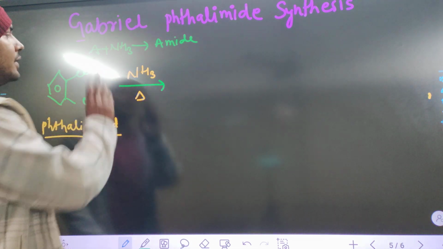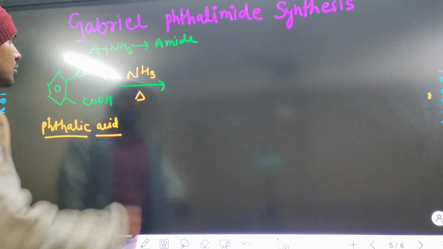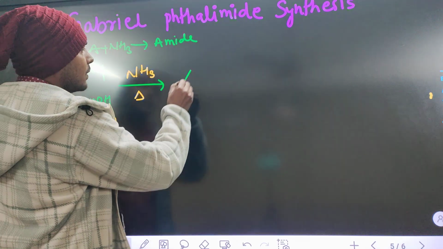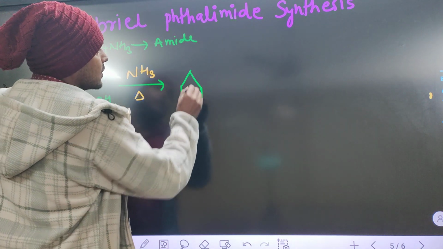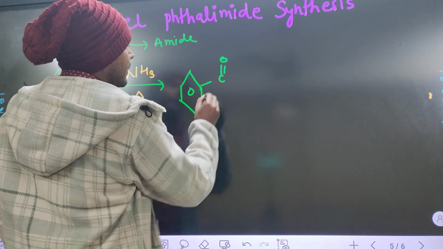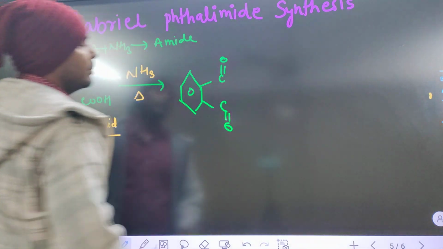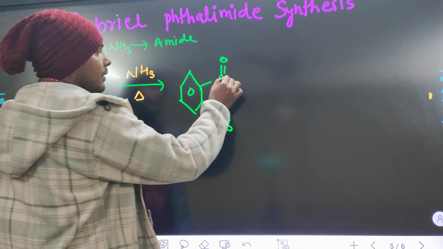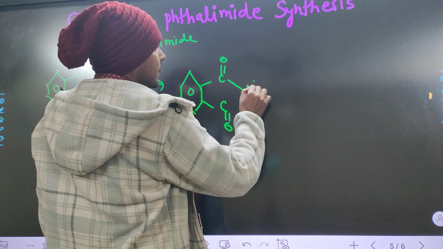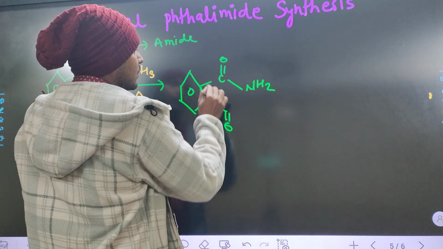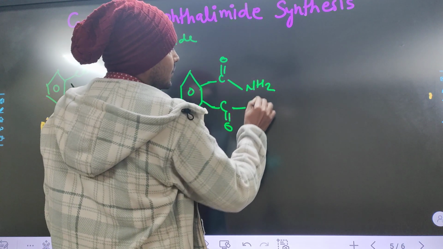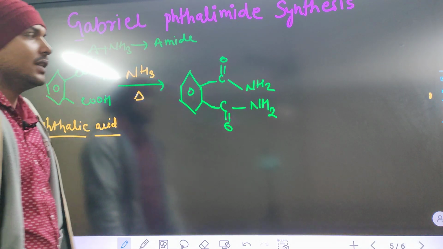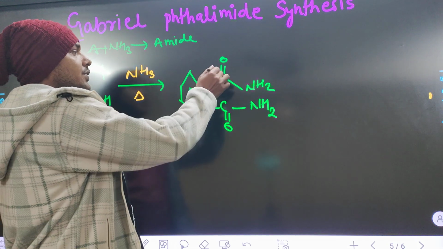So when phthalic acid reacts with ammonia, it forms an amide. I am drawing the structure of the amide. This is phthalimide. The pronunciation may sound the same as amide, but it is not the same. This is phthalimide, with NH2, or here also NH. We can see here the Ar group, this is CO, this is NH2.